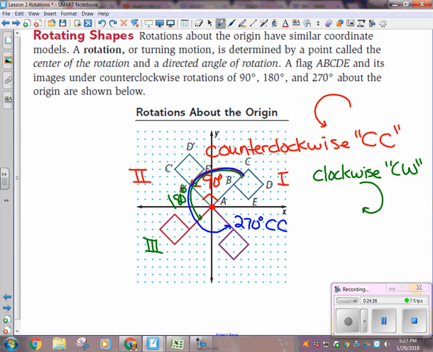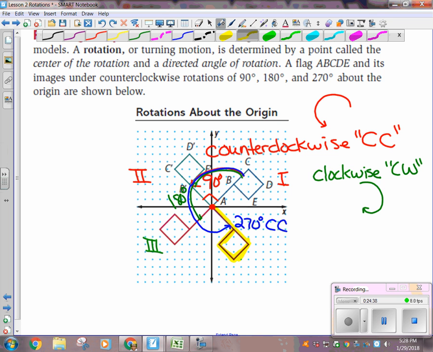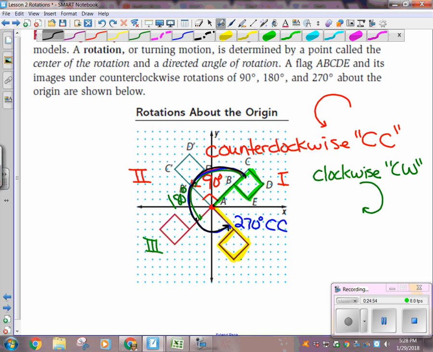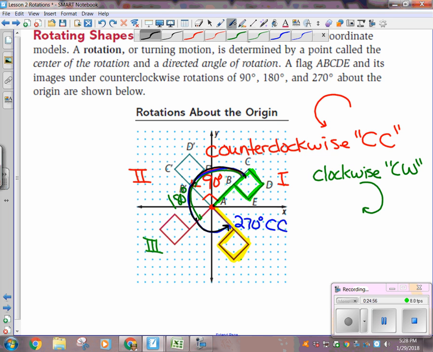If I was going to try to get to this flag, my purple flag down here, which is this one here I'm going to highlight in yellow, okay? If I was going to this flag from the start point, nobody wants to have to travel extra distance unless there's a particular reason. So why would I go backwards 90, 180, 270 to end up in that position when I could just as easily go forward, go forward, boop, and land there.